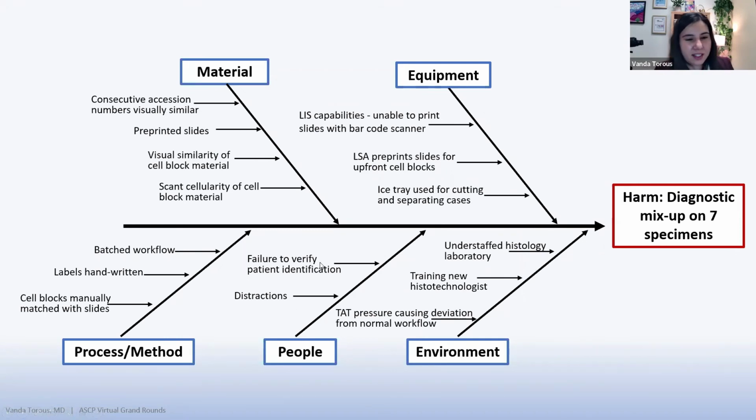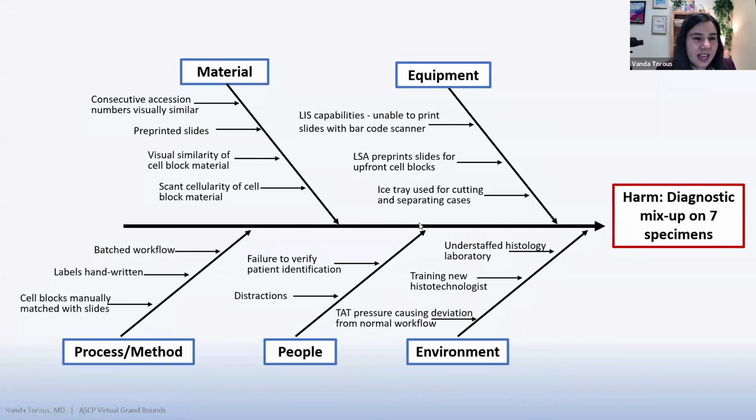There were a lot of distractions going on that allowed for that to happen. There were a lot of issues with the LIS capabilities that allowed for that to happen. With the materials, at the time, they were using just a single ice tray for cutting and separating cases. As a result of this, they made a number of different changes, including separating things in that ice tray to help prevent that from occurring again.